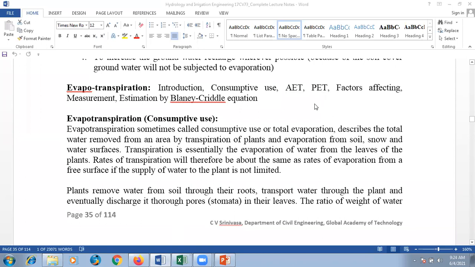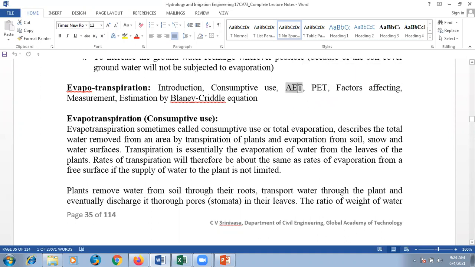Whereas for any reason, if the quantity of moisture present in the soil is less than field capacity of the soil, then the evapotranspiration will not be the maximum possible by the plant. It will be less in some proportion, and that is known as actual evapotranspiration.